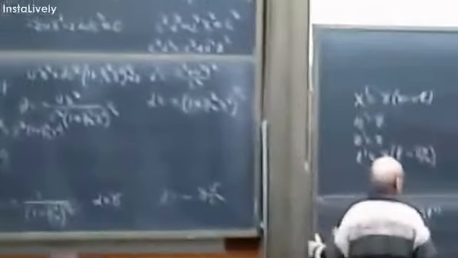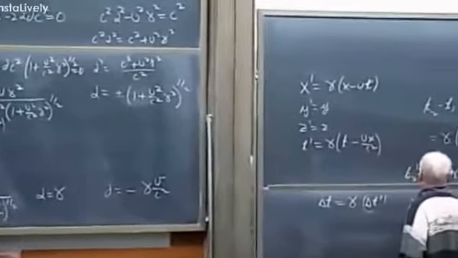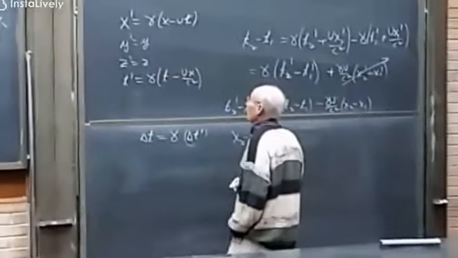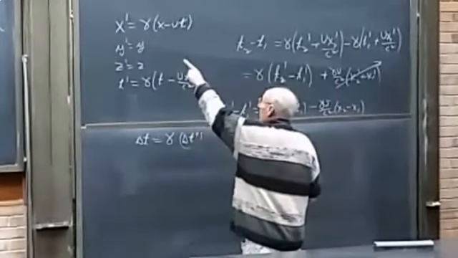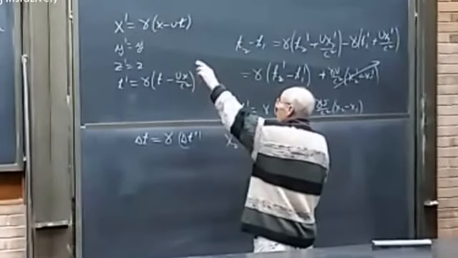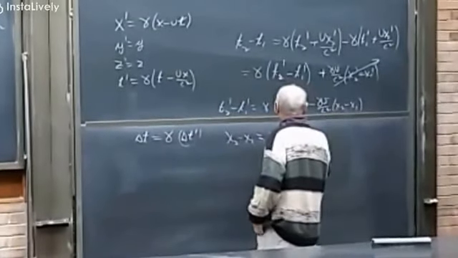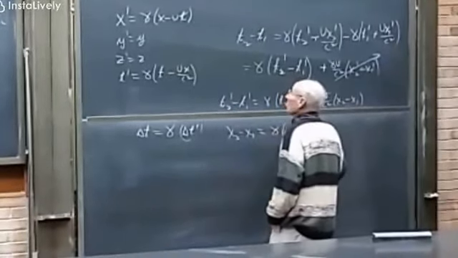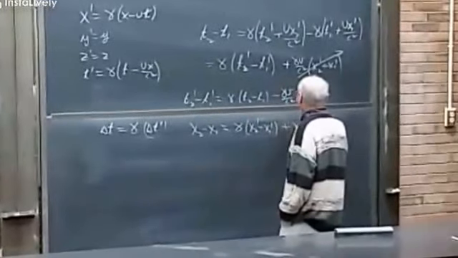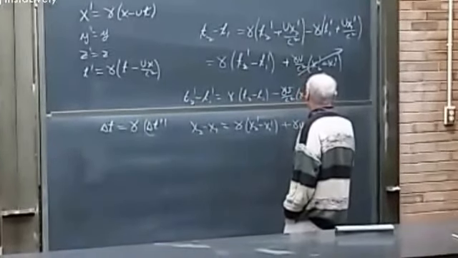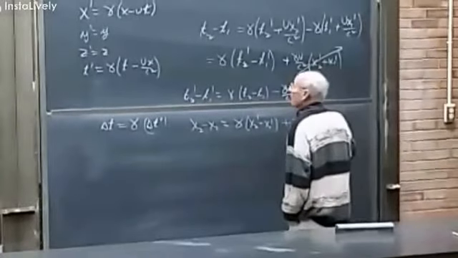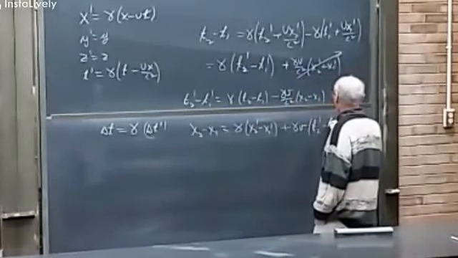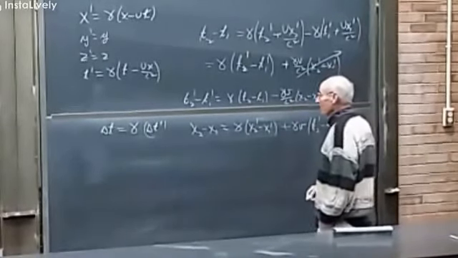So I could have substituted x2 minus x1, and it would have been gamma, just reverse the sign of b, (x2 prime minus x1 prime) plus gamma v (t2 prime minus t1 prime).